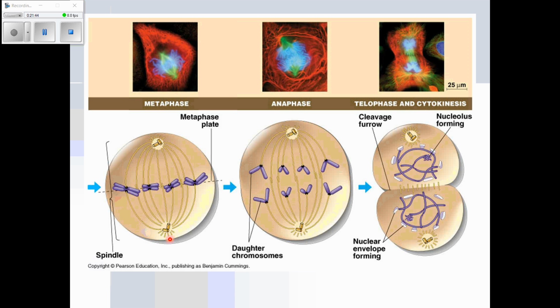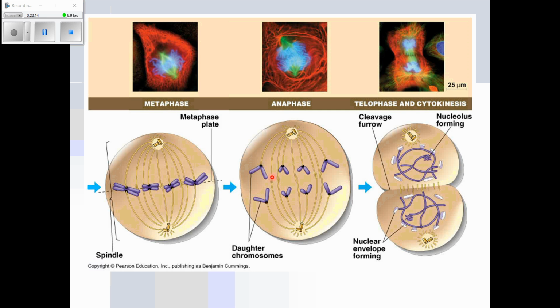You see how in this picture in metaphase the whole cell looks round, and then in anaphase it starts to take on a little bit of an oblong appearance. That's because some of these spindle fibers don't touch the chromosomes. Sometimes you have a spindle fiber that goes all the way to the middle of the cell, and it touches another spindle fiber that's coming from the other end of the cell, and they push.